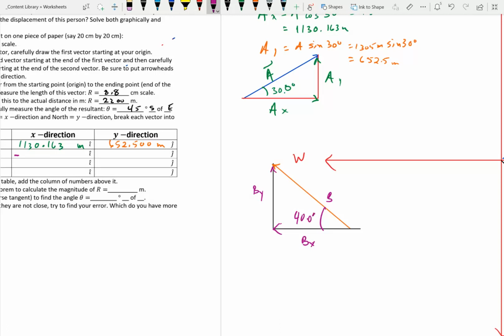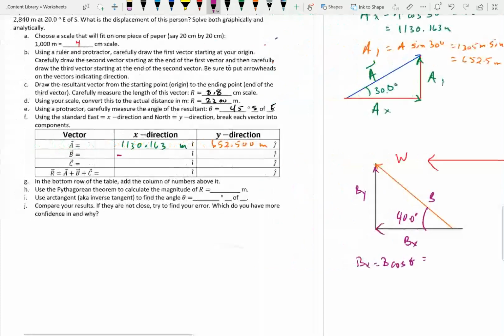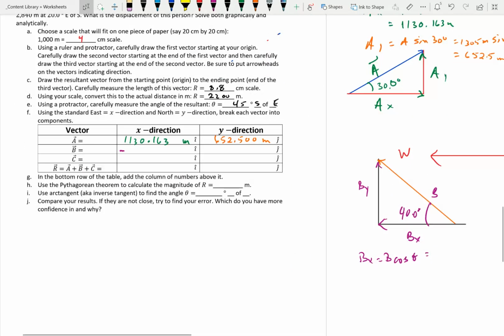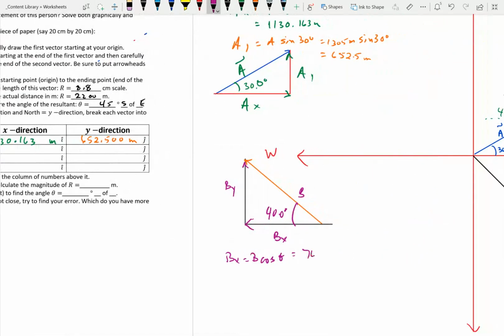And so Bx is the adjacent side, hence Bx is equal to B cosine theta because it's adjacent, equals 742 meters cosine of 40 degrees equals 568.405.